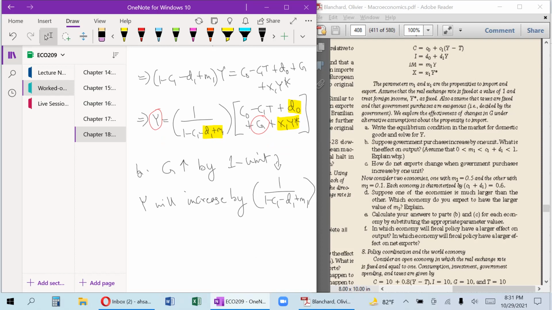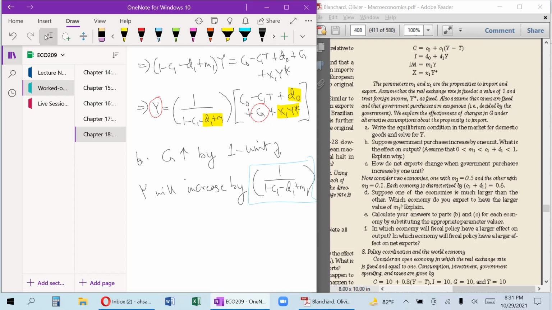So yeah, G increased by 1 unit. As a result, Y increased by this amount right here. Now, one thing important, the question specifies this relationship. Let me write this down in red. 0 less than M1 less than C1 plus D1 less than 1.